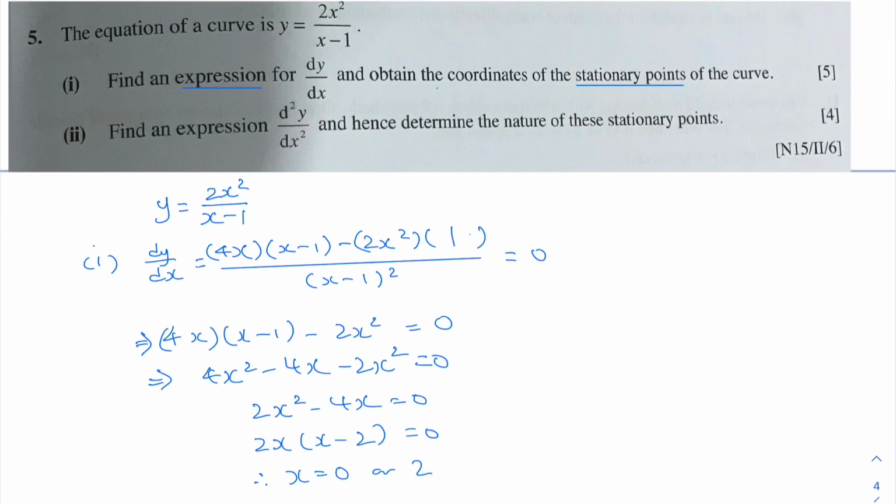So x is 0 and x is 2 are both stationary points, but they are not coordinates. It's just half of the coordinate, so you have to find y. You substitute x equals 0 and x equals 2 back into the equation. When x is 0, you have 0. When x is 2, you have 2 times 4, which is 8, divided by 1, which is 8. So the coordinates are (0, 0) and (2, 8).